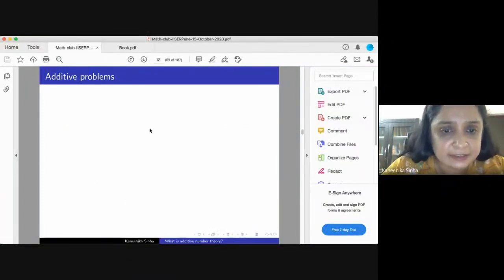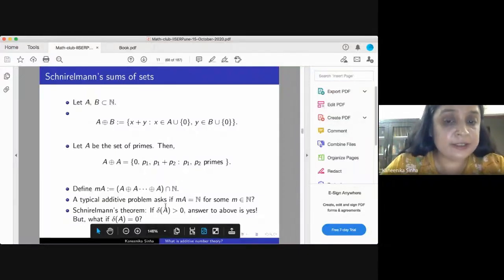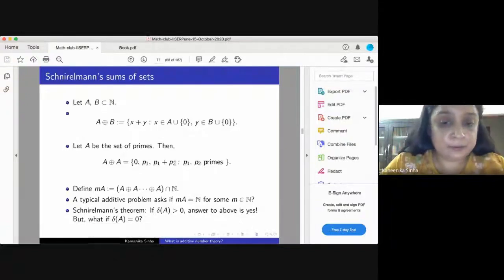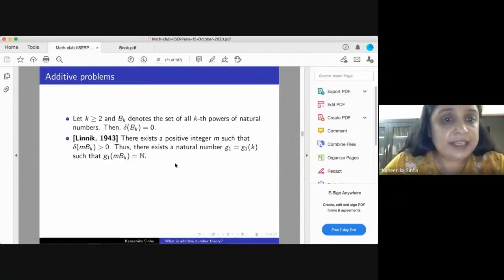Schnirelmann's theorem is a very general theorem. He's saying that if you have any set with positive Schnirelmann density, then it would be additively sufficient to build the set of entire natural numbers. Whereas Linnik's theorem is specifically focused on the set of kth powers.